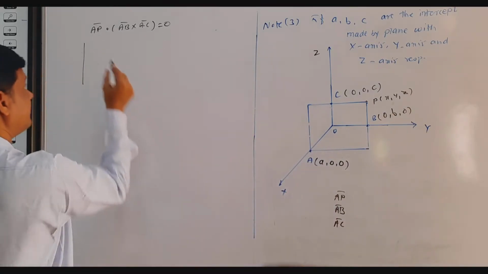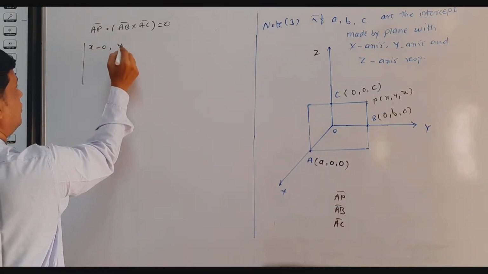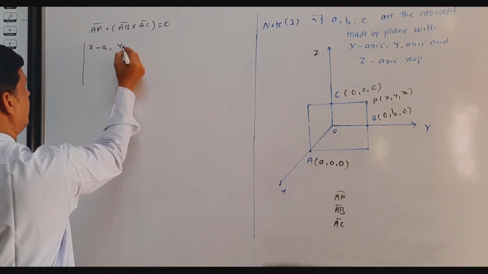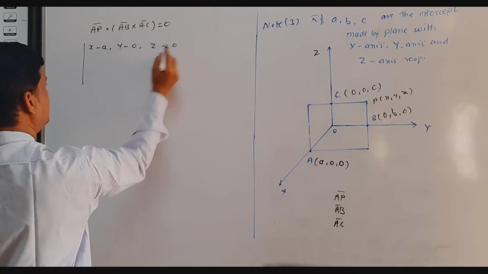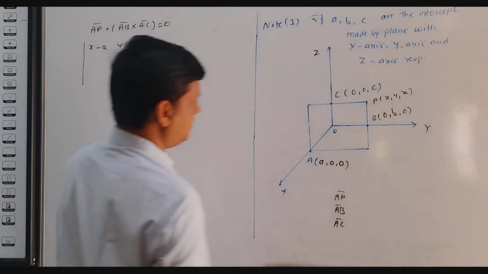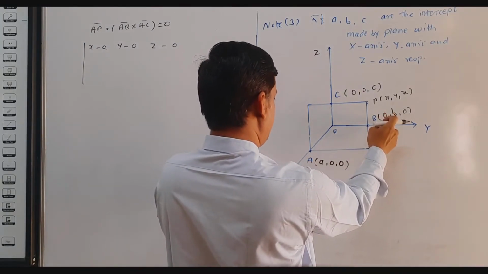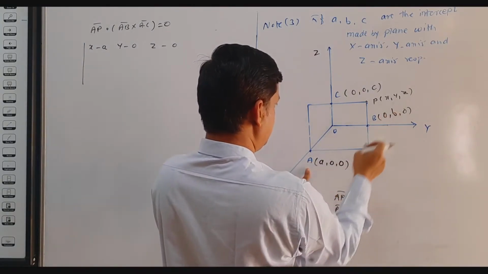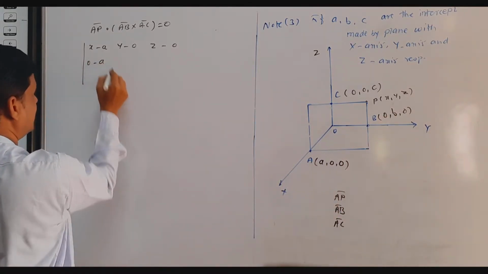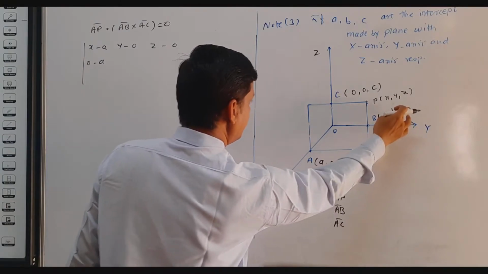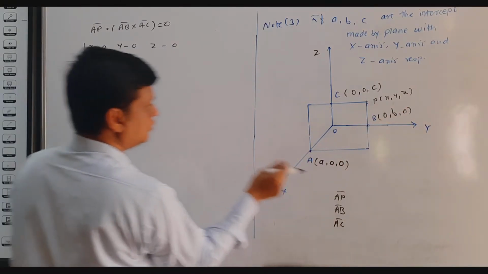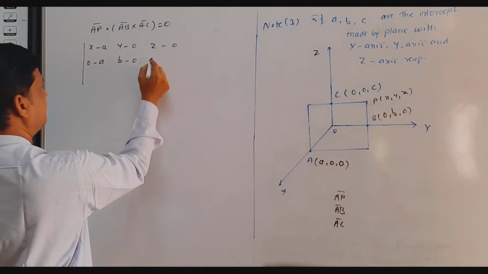For vector AB we write 0 minus a, b minus 0, 0 minus 0.